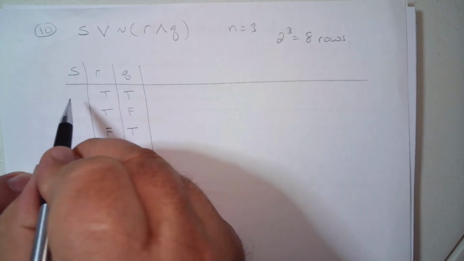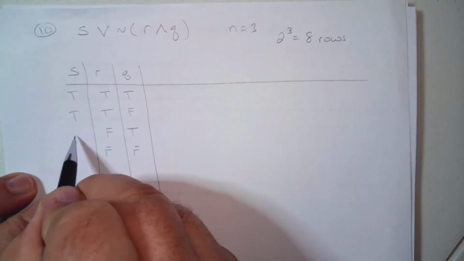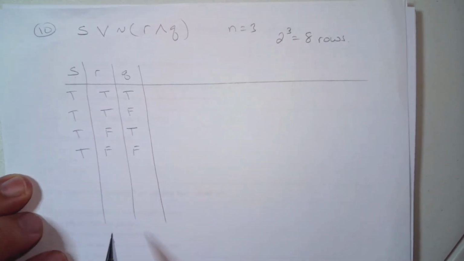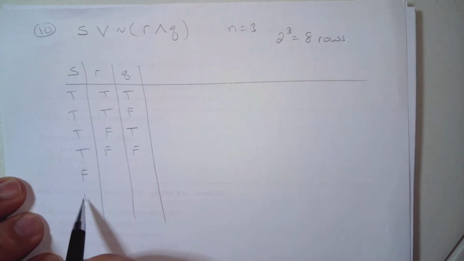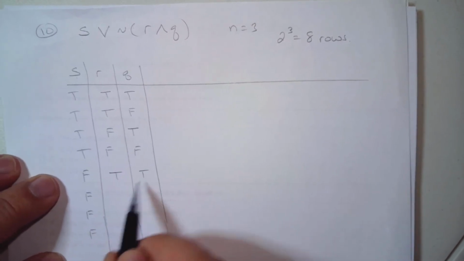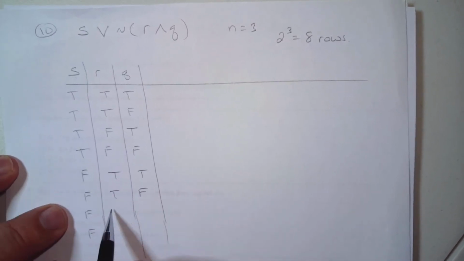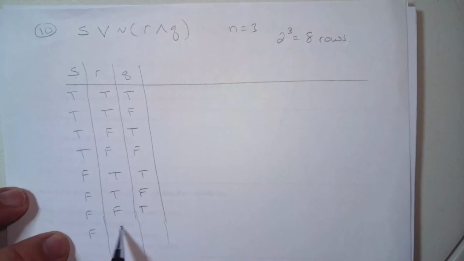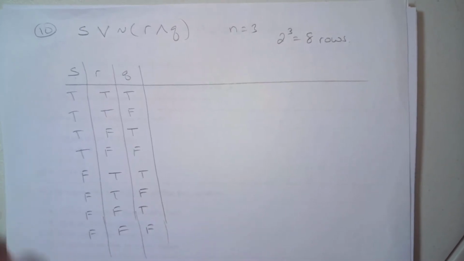That's for S being all true, because those are all different possibilities. Now how about when S is false? There have to be 4 possibilities of those. It could be true, true, true, false, false, true, false, false.